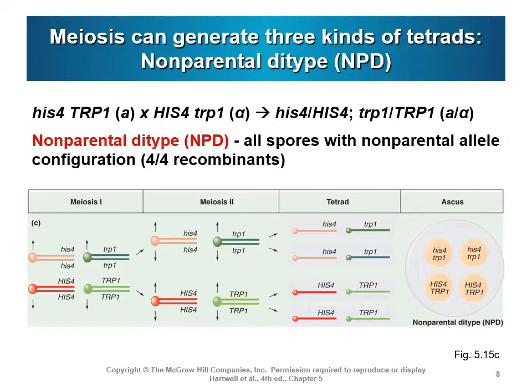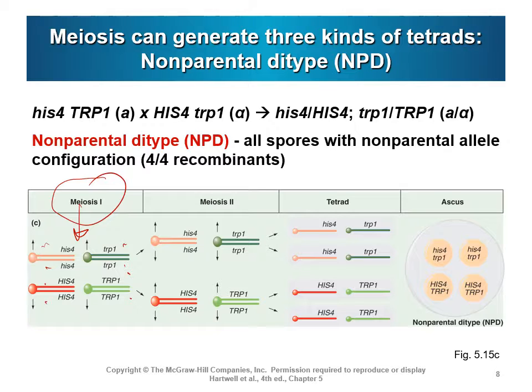Here is another kind of tetrad, the non-parental ditype. Let's look at the difference, which should be seen from the very beginning, at the meiosis 1 stage. In the previous case we were dealing with histidine 4 recessive, tryptophan 1 dominant; here we are dealing with histidine 4 recessive, tryptophan 1 recessive, and then the second one is histidine 4 dominant and tryptophan 1 dominant.